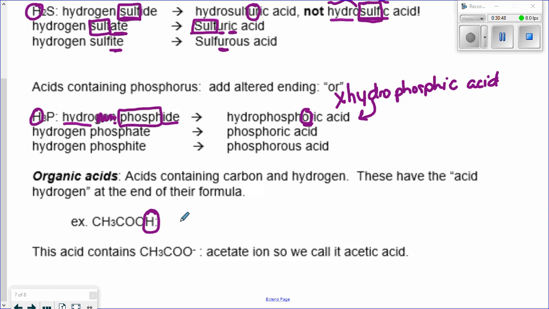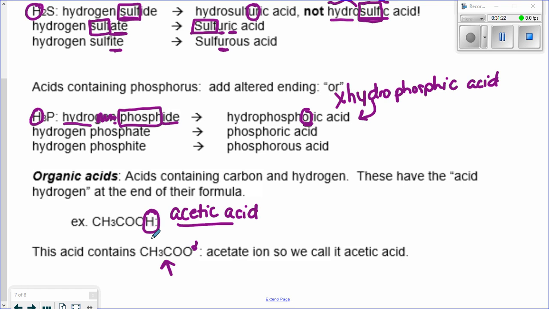This is one of your memorized ones, acetic acid. You had that memorized from the molecular compounds. This acid contains the acetate ion, which is in your periodic table, I believe. So it contains the ion CH3COO with a 1 minus, and then it has that hydrogen ion that can ionize within solution. So just another exception of something that you might see.